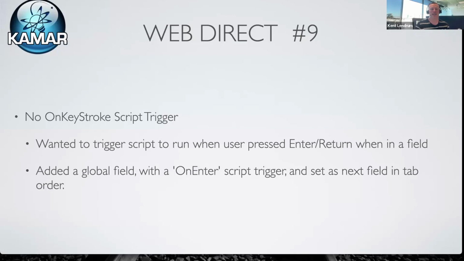The way we do that is we add a next field on the layout with an on enter script trigger, and make it next in the tab order. So when the user is in the password field and presses enter, it goes to the next field, and the next field fires the on enter script trigger. That's how we get around some things like using script triggers.